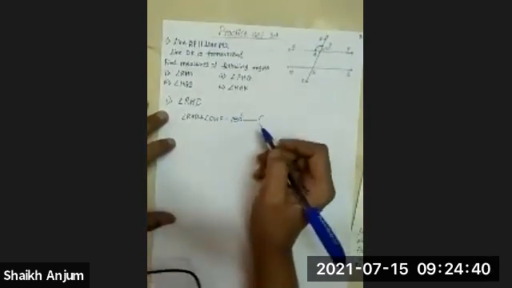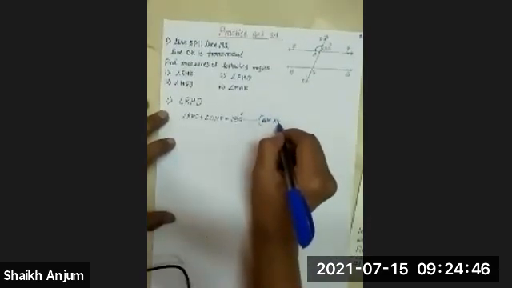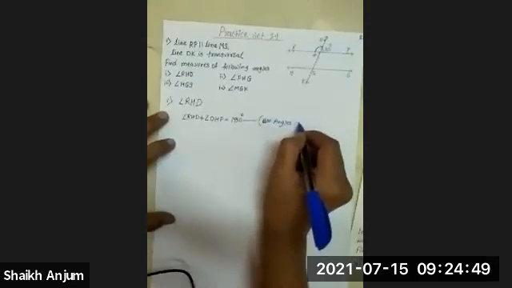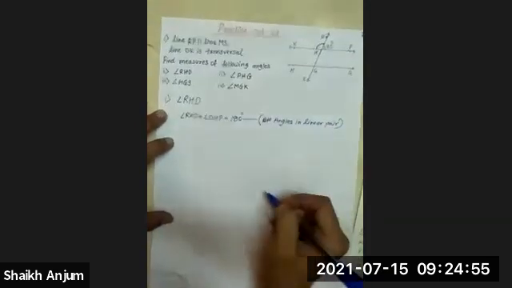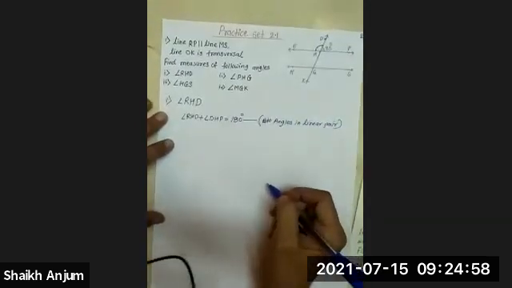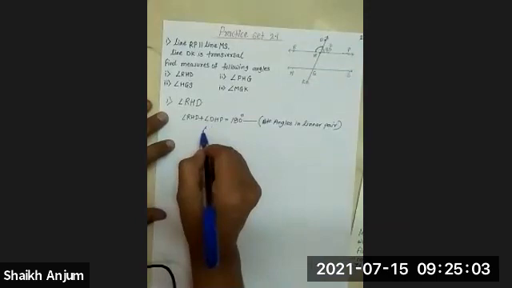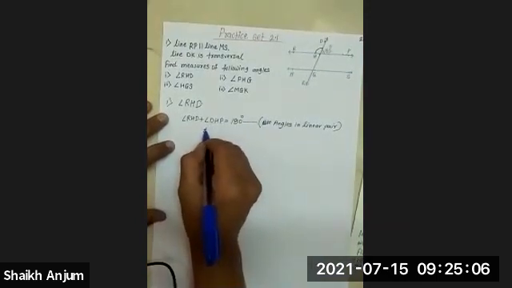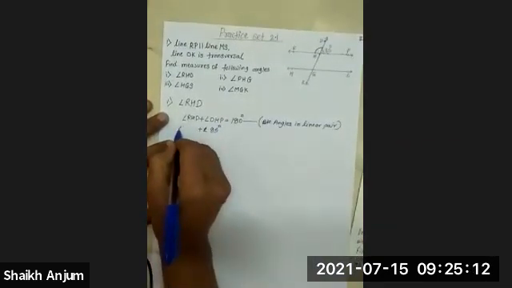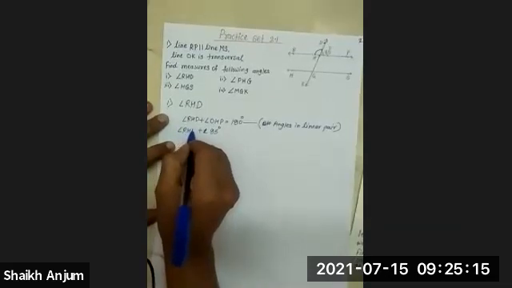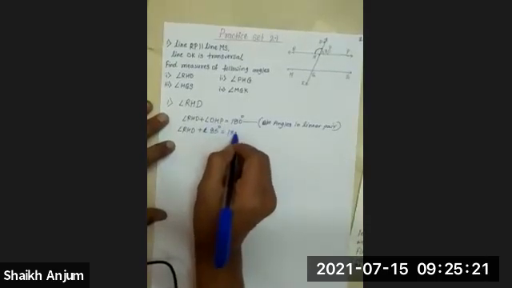Here we will write the reason: angles in linear pair. Now put the value. The value of angle DHP is given, 85 degrees. So angle RHD plus 85 degrees equals 180 degrees.